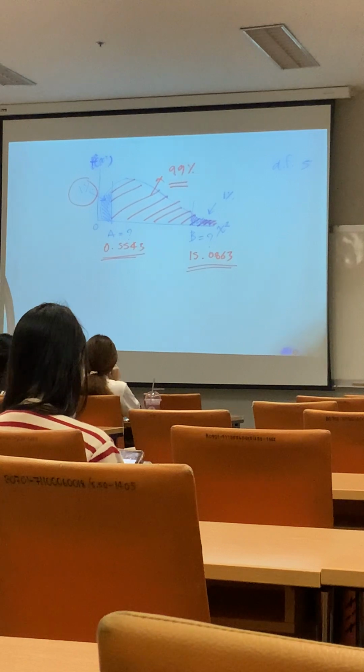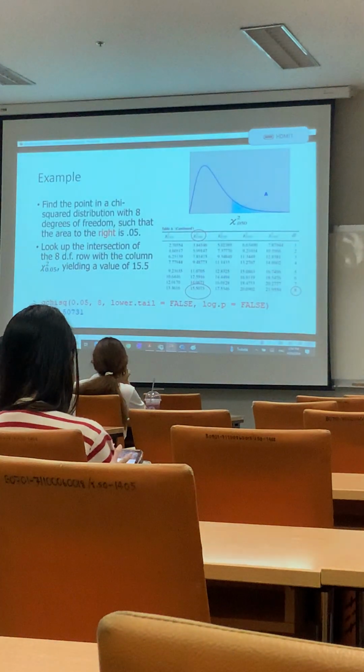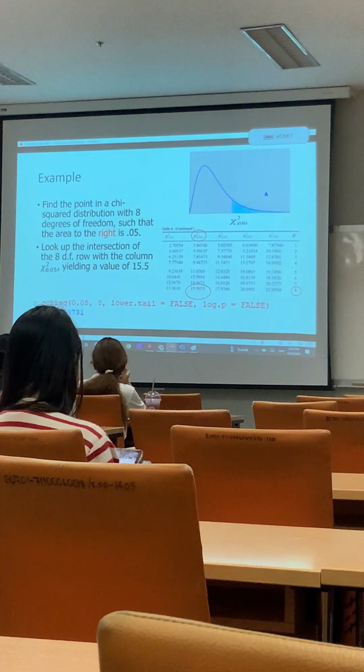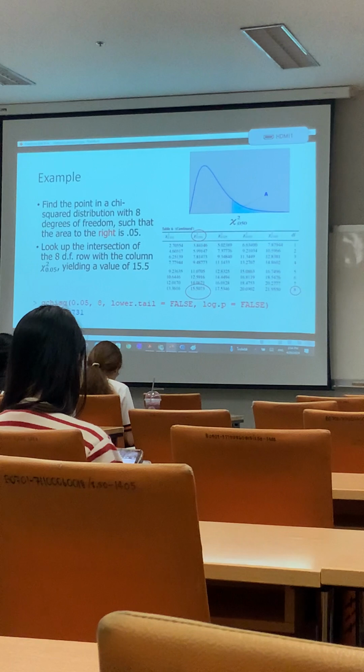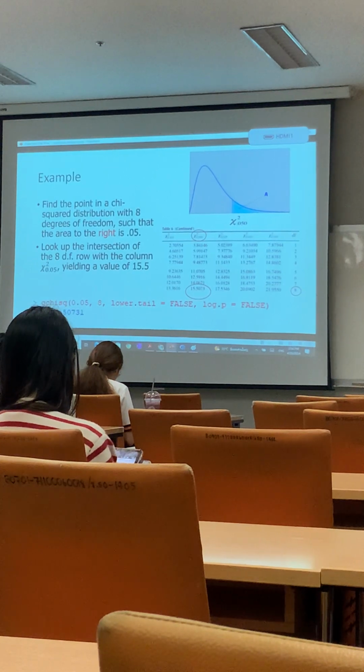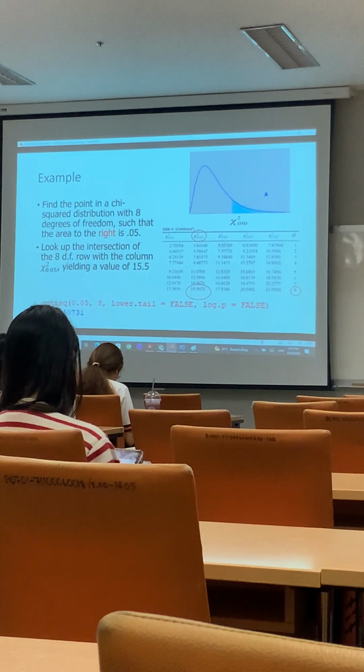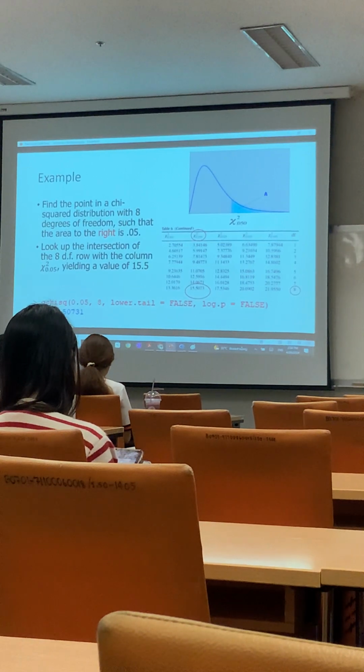Okay, so this is a sample in a PowerPoint presentation. Say that we want to find a point in a chi-square distribution with n degrees of freedom, such that the area to the right, the upper tail, is 5% or 0.05. So again, you look into the second table, right?